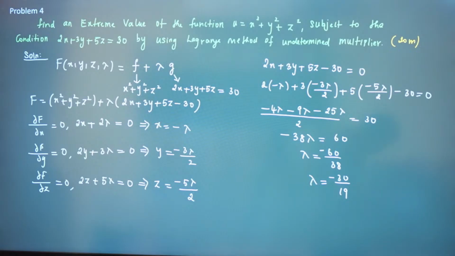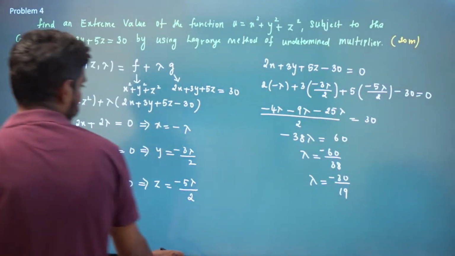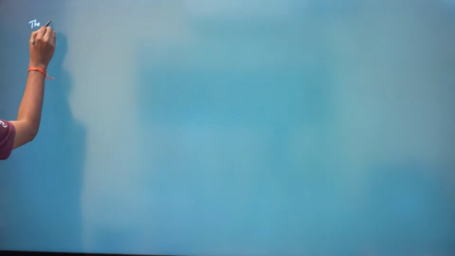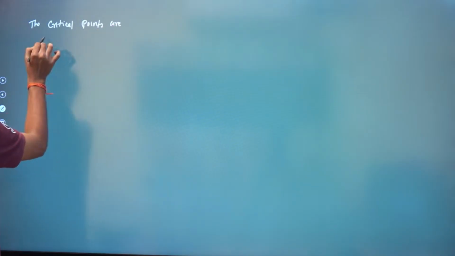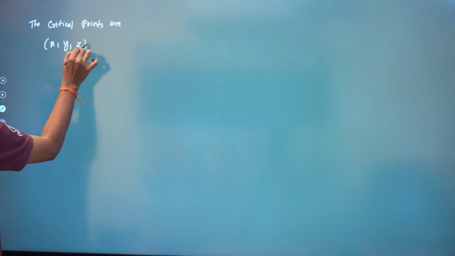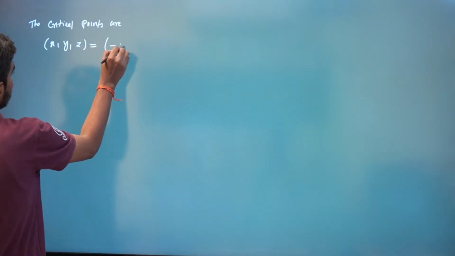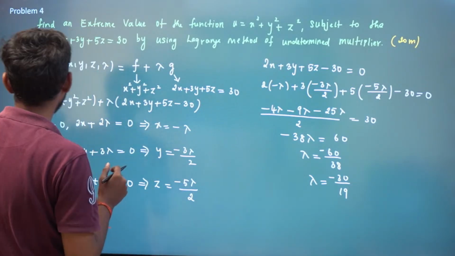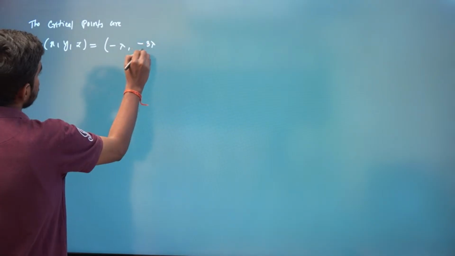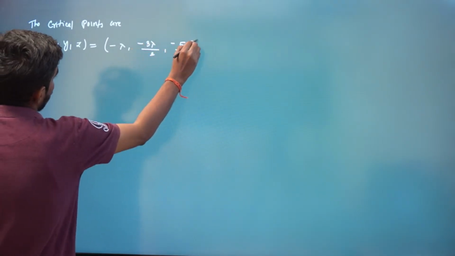So λ is -30/19. So the critical points are given by (x, y, z). So x is -λ, y is -3λ/2, z is -5λ/2.